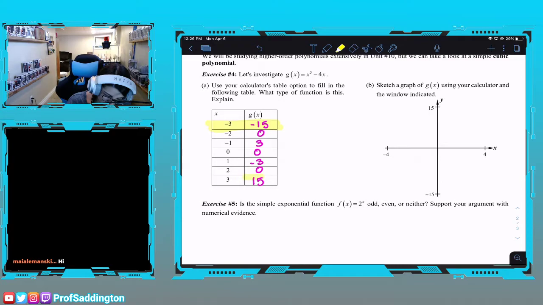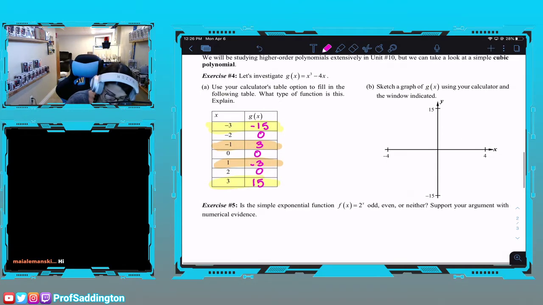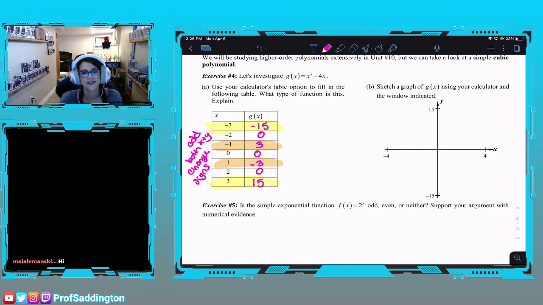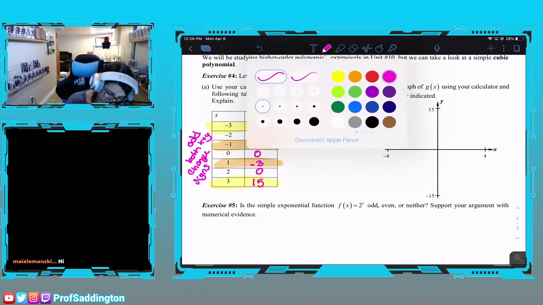So we can see that when x was negated, the y did change its sign. And we can see that in another pair of points. We had -1, +3, and then I have +1, -3. So we can see that both signs are changing. So this is looking like it's going to be odd. So odd, both x and y change signs. So that's how you can tell it from a table.